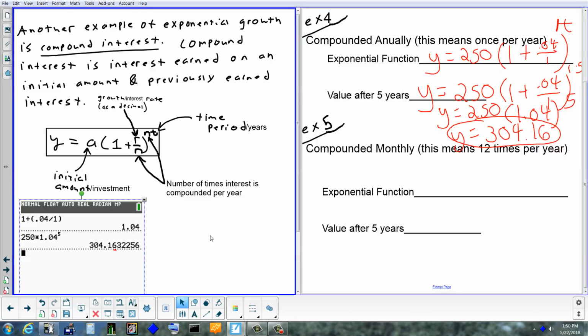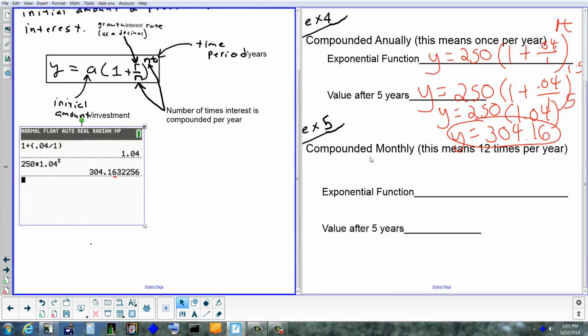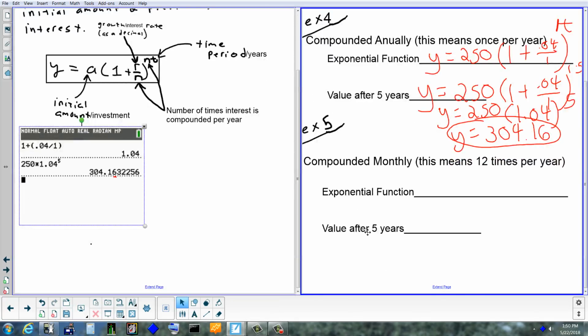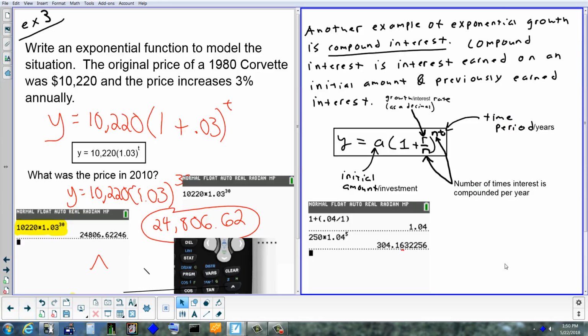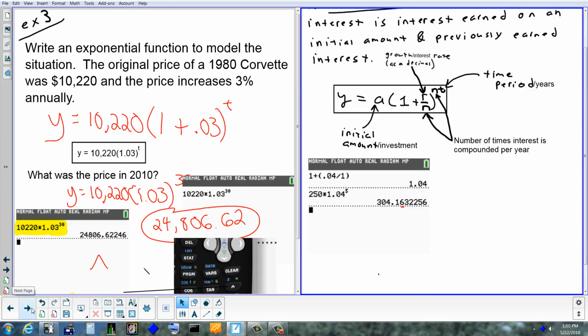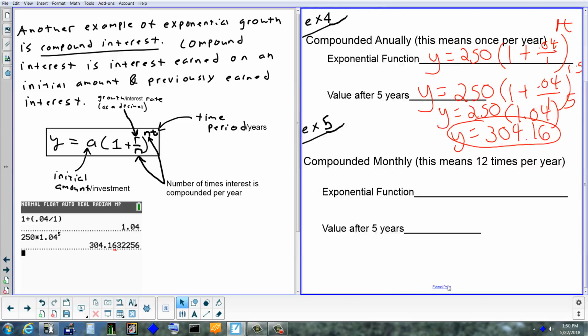All right? Now, we're going to do it compounded monthly. Everything's going to stay the same. So now, we're going to be on example 5. I know it's not broken down like this, but that's okay.